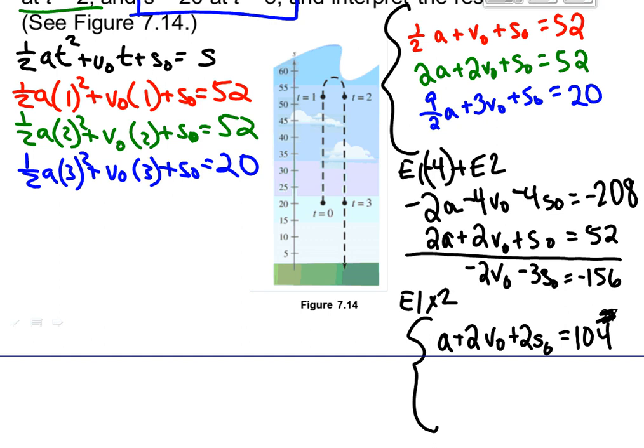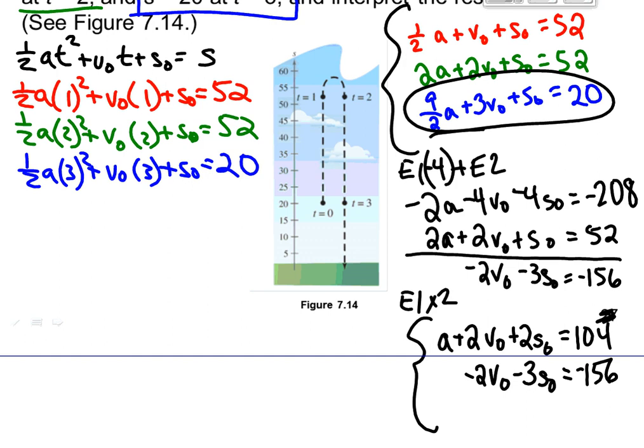Then I'm going to put my answer from that last little piece, which is right there, and I'm going to write that down as my next row. So that's -2v sub 0 minus 3 s sub 0 equals -156. And then I'm just going to rewrite my blue row from this very top right here, and in that third row that I'm going to have.